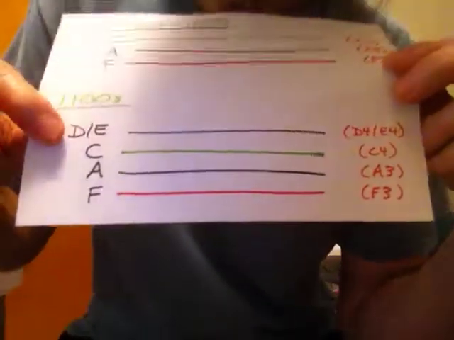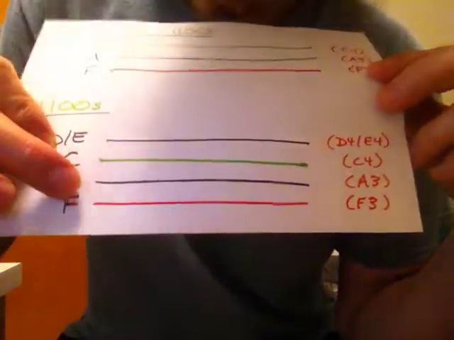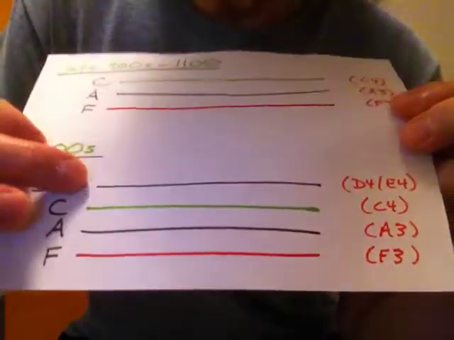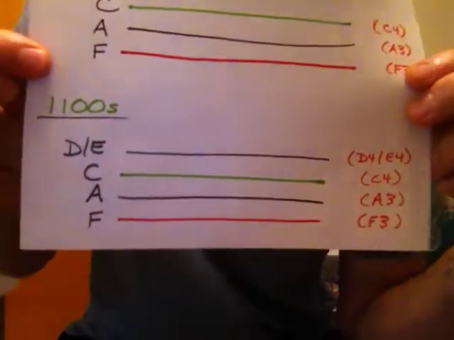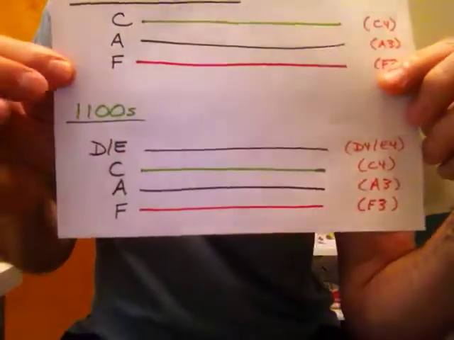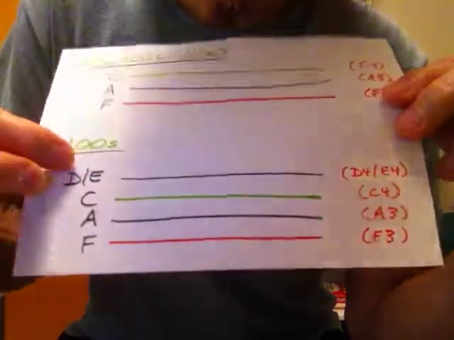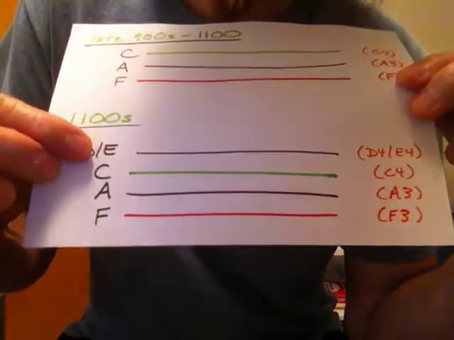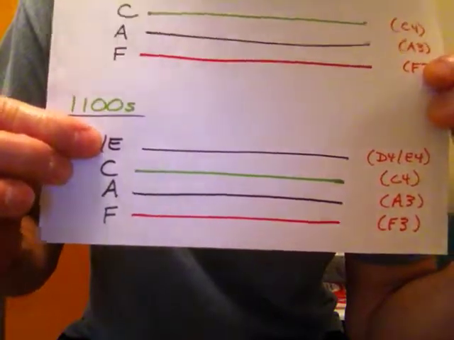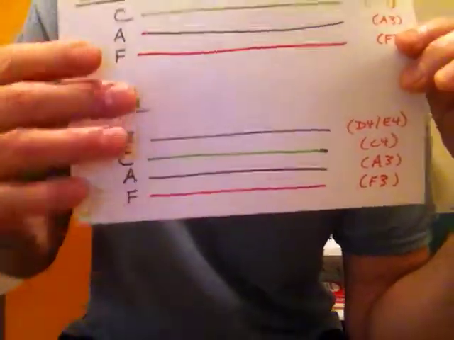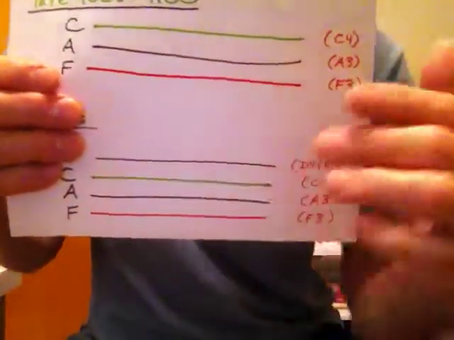And so now you have the initial original red line, then you have your black for A, green for C, and then another black line for D or E. But what happened over time, according to what I've read, is that this became pretty well established for a time, and this top line no longer represented the D, but they stuck with the E. Then time passed, and the clefs changed, the symbols changed, and they added more lines. And that brings us to what I wanted to tell you about.